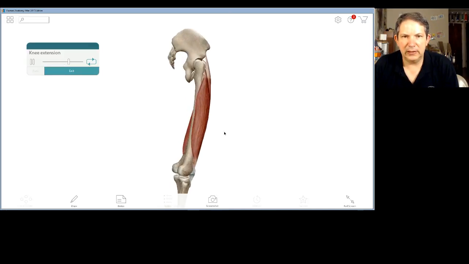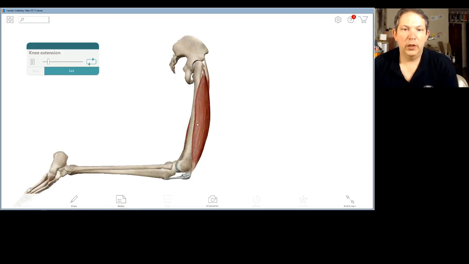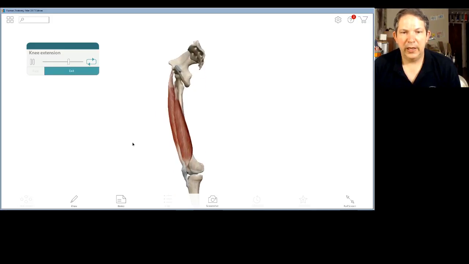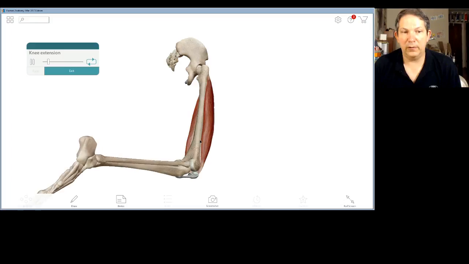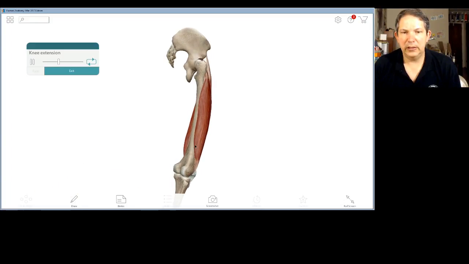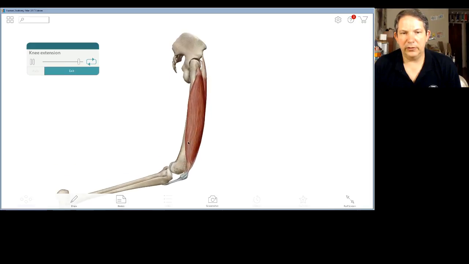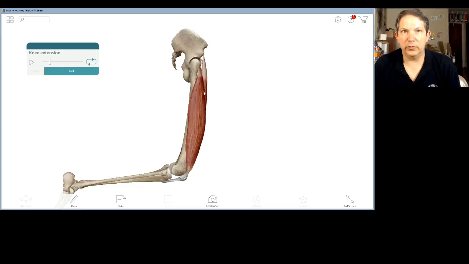So this is extension. These are the muscles that are antagonistic to your hamstrings. These are your quadriceps muscles, and unlike with the hamstrings, there are no other muscles involved in this knee extension. Now, again, it's a little bit confusing just watching the animation since we only have one set of muscles and yet it magically flexes.